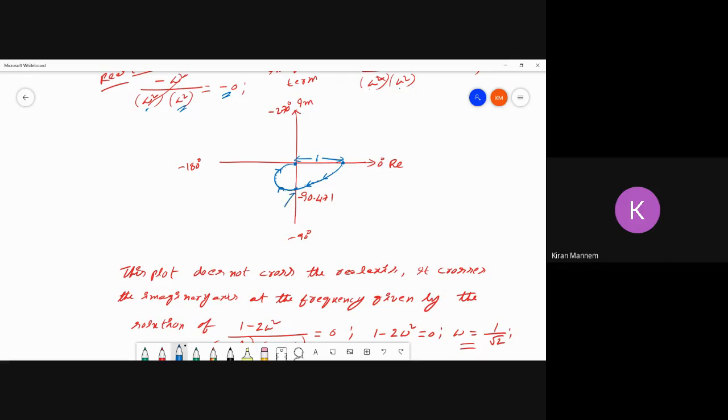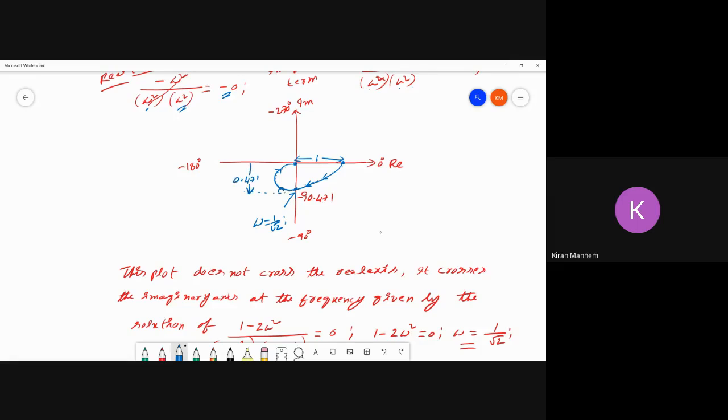At this point you have omega equal to 1 by root 2, and the length is 0.471.